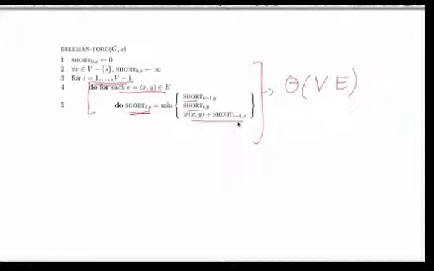So that's the running time of Bellman-Ford, order VE. What was the running time of Dijkstra? And what was the running time of breadth first search? So you see that as the graph becomes more complicated, if edge weights are always 1, if edge weights are always positive, if edge weights can be arbitrary values, the algorithm becomes more complicated.